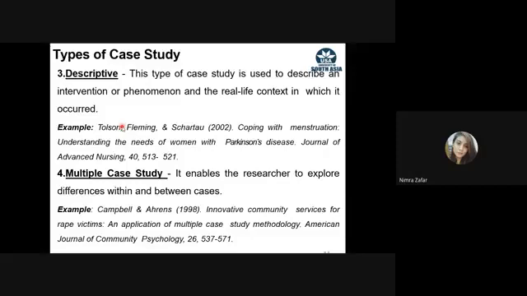However, in descriptive, basically, we are giving description of any real life context or any real life phenomena which occurs. So basically we are just giving the description of any phenomena in this type of case study. Rather in explanatory, we were answering any research question and then we were giving its explanation.